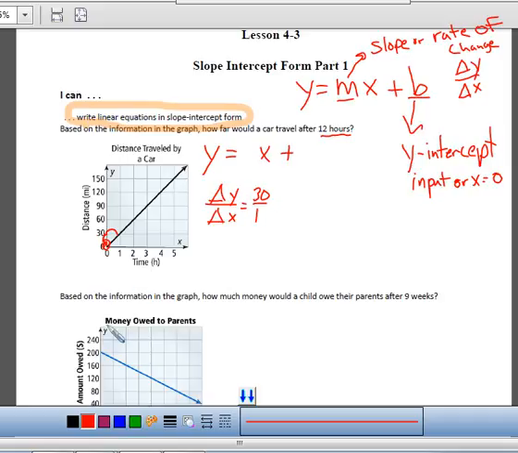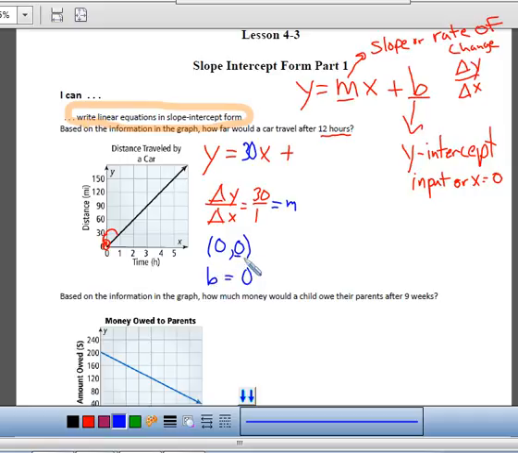So if I go up to my equation here, I'll change the color. 30, or 30 over 1, is that, and this is equal to m, by the way. Where does it cross the y-axis? At 0, 0. So my b is equal to 0.